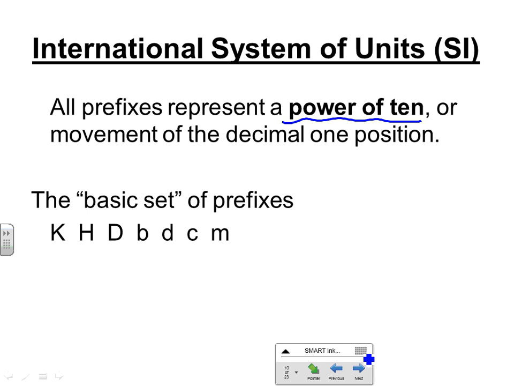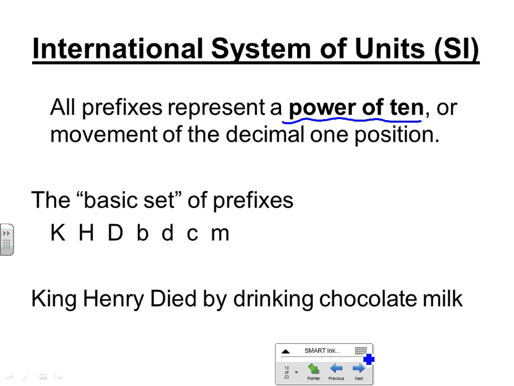And the way that I remembered it forever, and you may have too, is King Kilo Henry died by drinking chocolate milk. So you can see that these names correlate with the prefixes themselves. So you've got kilo, hecta, deca, base, which will be our base units of meter, second, let's say liter.